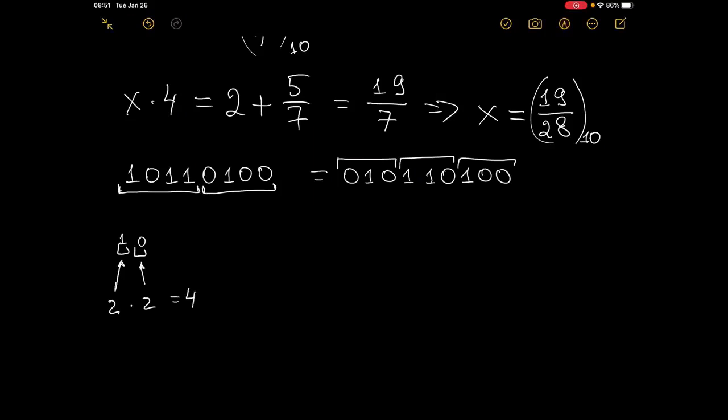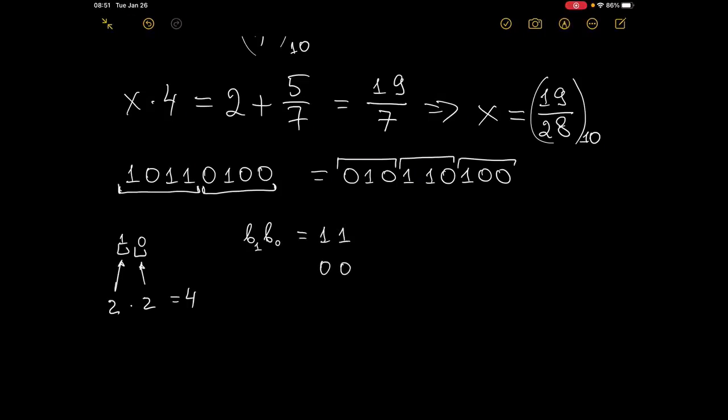You can also think about it in the following way. If you have an integer number using just 2 bits, the maximum number is 1 1 and the minimum number is 0 0, right?